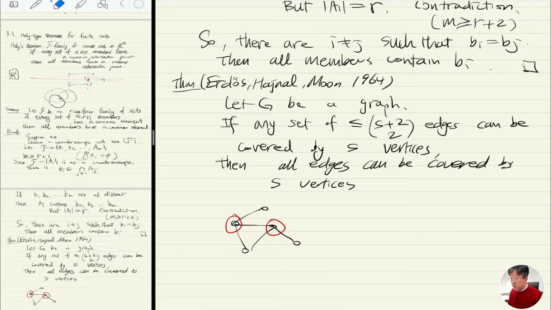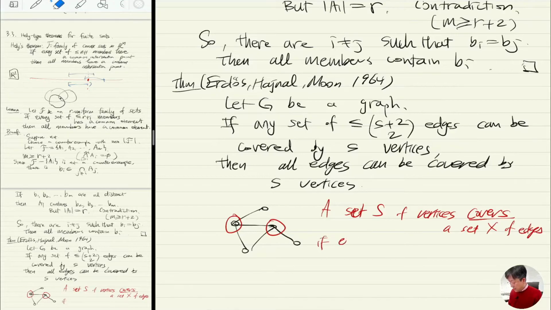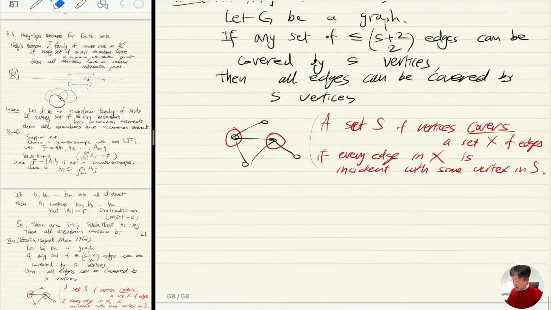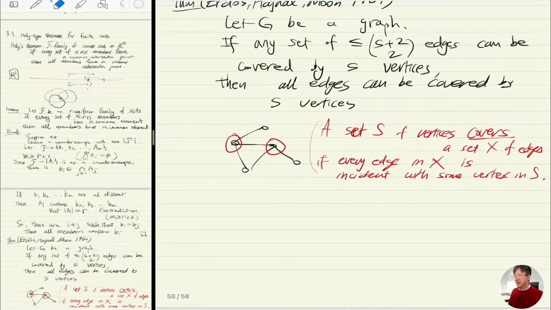So let me say again, a set S of vertices covers a set X of edges if every edge in X is incident with some vertex in S.